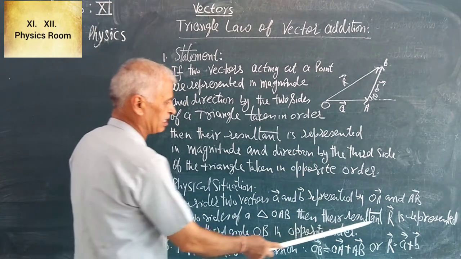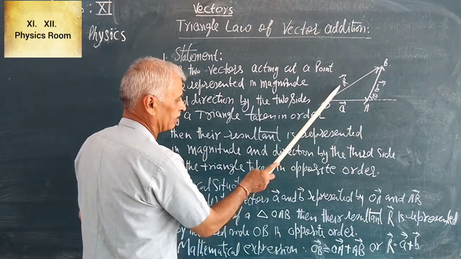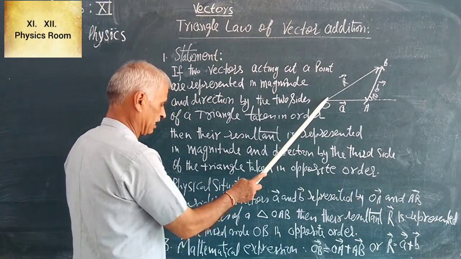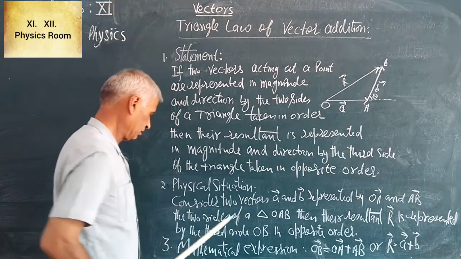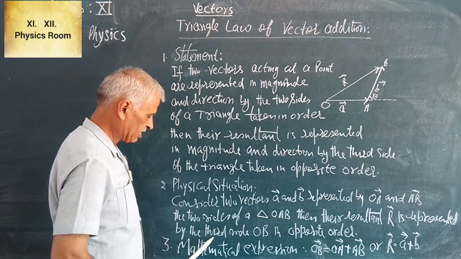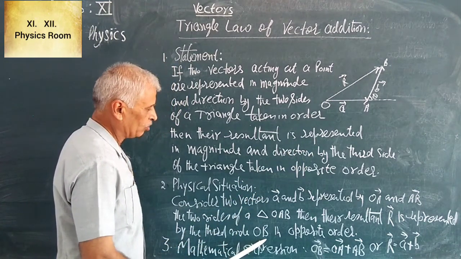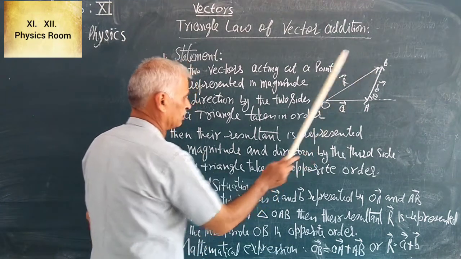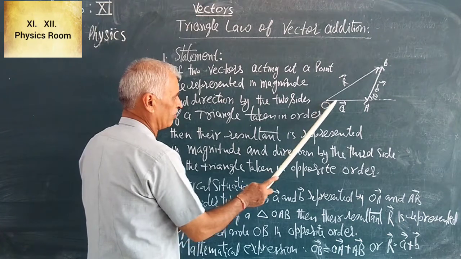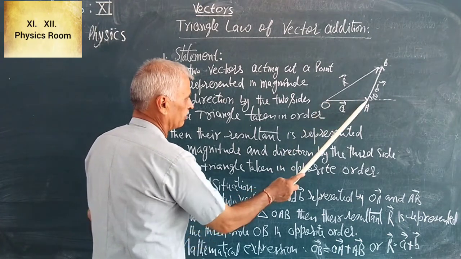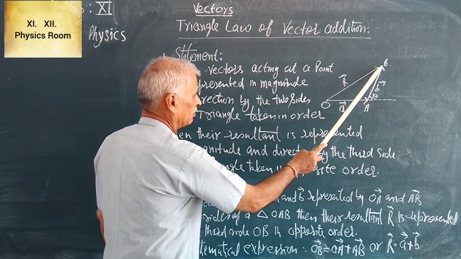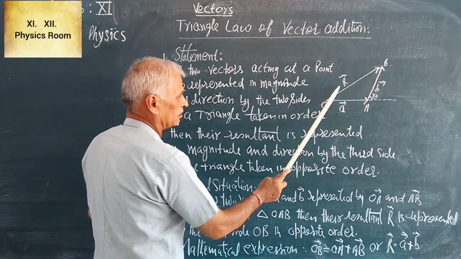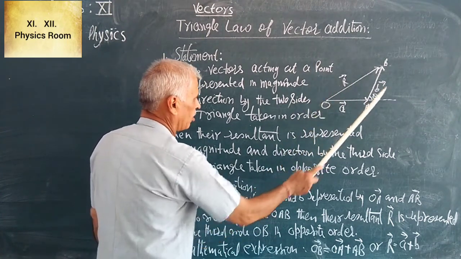Then the resultant R is represented by the third side OB in opposite order. You see, the order of vector OA, vector AB is anti-clockwise direction. Then the order of vector R is clockwise direction.